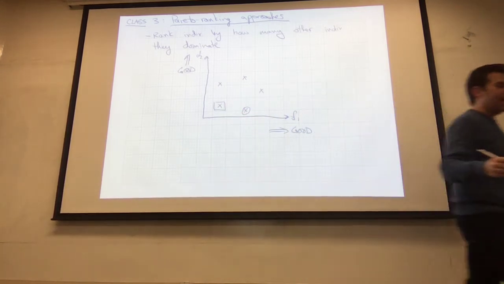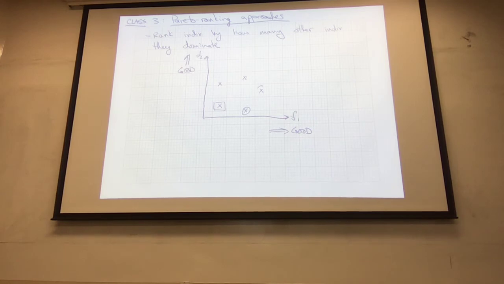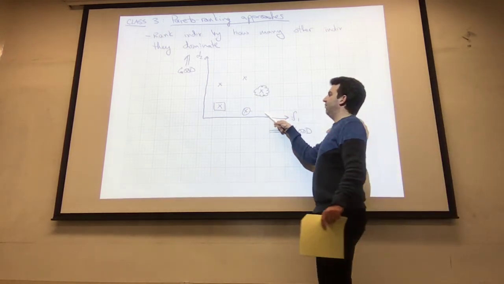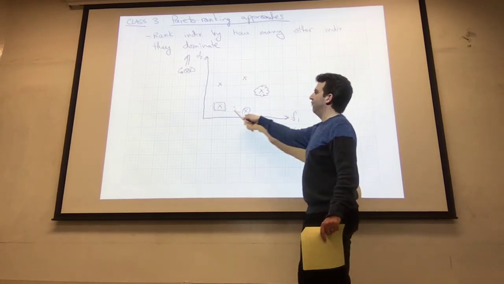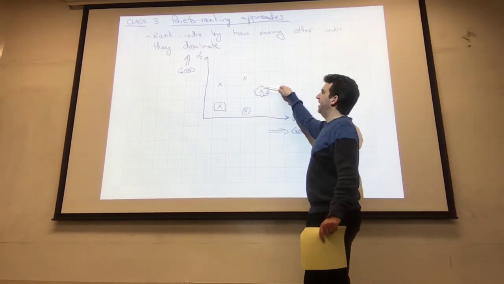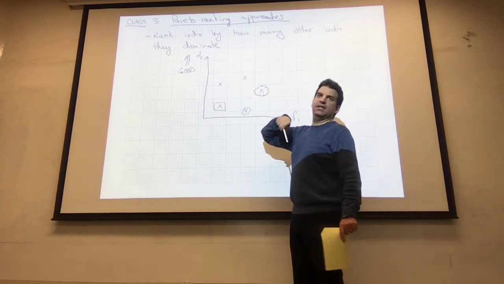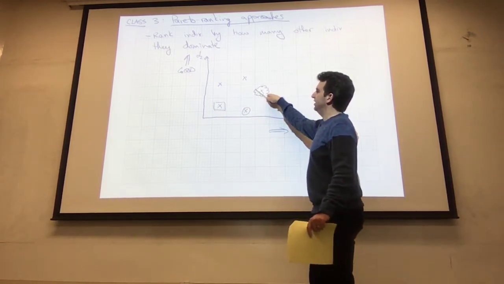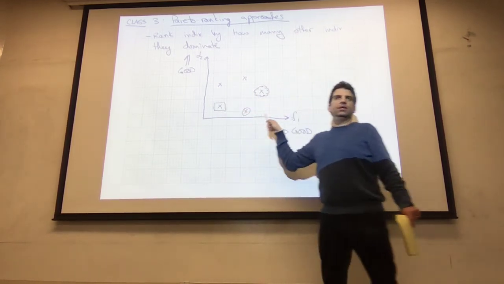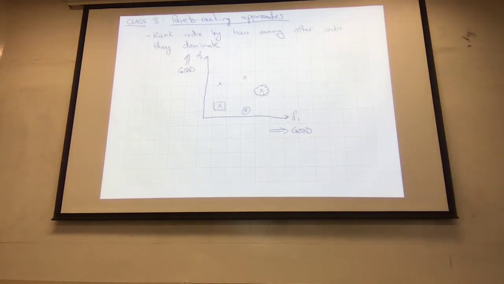But if I instead look up here, this solution is better in F1 for both of these, and it's better in F2 for both of these. So this solution dominates 2. These solutions dominate 0.